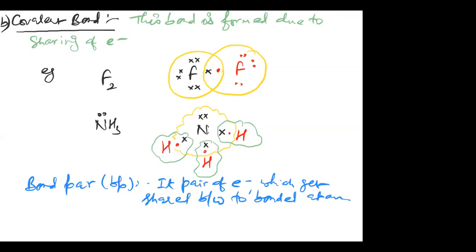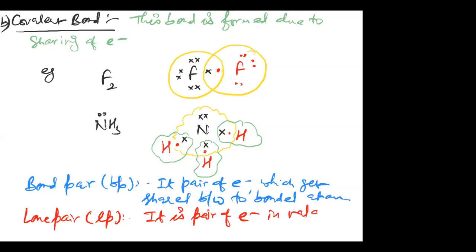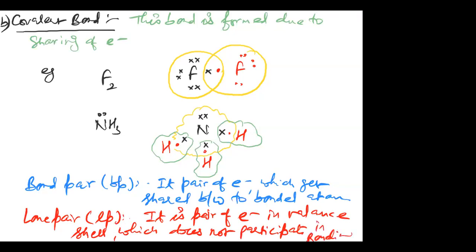And another definition, lone pair, let's say LP, is a pair of electrons in the valence shell which does not participate in bonding.